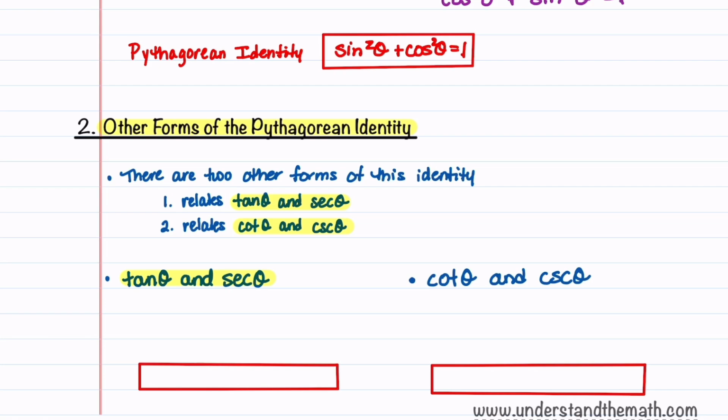We'll start with the Pythagorean identity sine squared theta plus cosine squared theta is equal to 1. Since tangent theta is sine theta divided by cosine theta, let's divide each term in this equation by cosine theta.